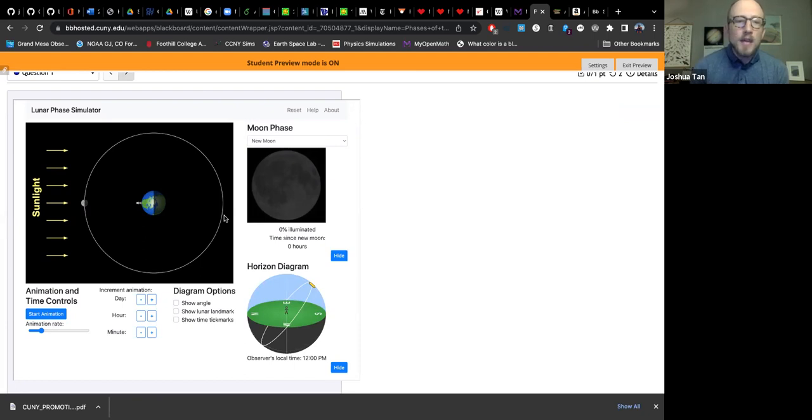The other thing that you get is a piece of information about the phase of the moon. Right now, I can see that it's a new moon. I can also see how illuminated the moon is. The moon is 0% illuminated. And the time since a new moon is 0 hours because it's a new moon right now. You can also see down on the lower right something called a horizon diagram.